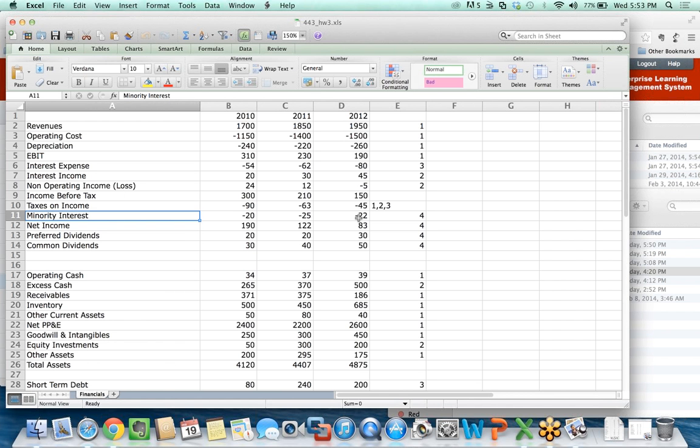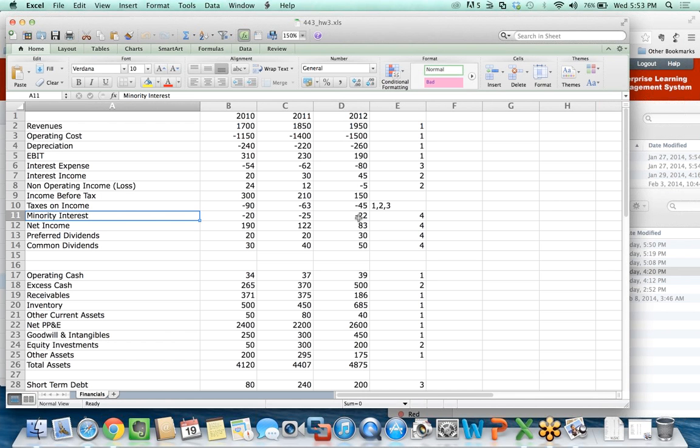And then the income that it gets on that minority stake is called minority interest or equity income. So minority interest to you, the company that has the equity investment, is your equity income. Minority interest to the company that is paying it is an expense.